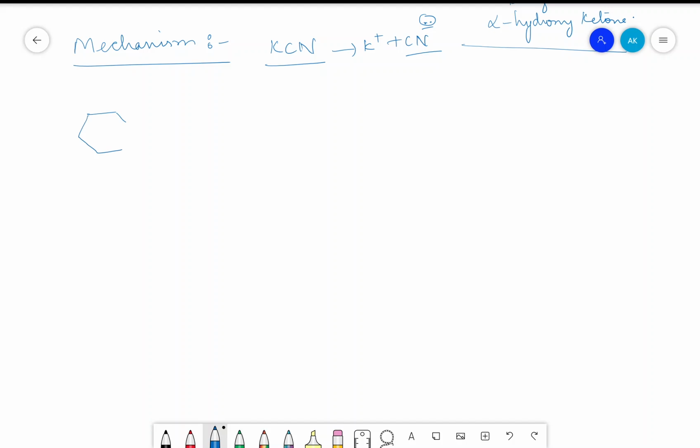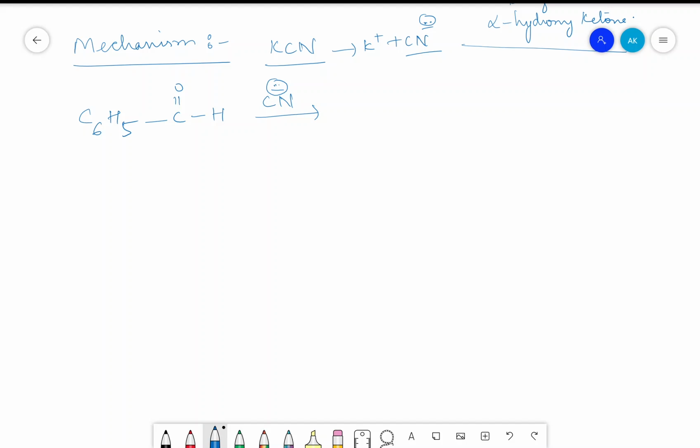It's up to you as per your convenience. So once it is written as I have given in the notes, I'll write the same here. There is C6H5, C double bond O H, which reacts with CN minus. There is cyanide ion and it has negative charge.